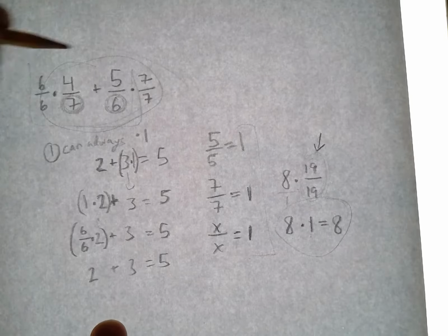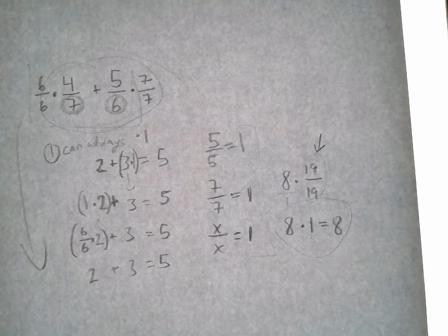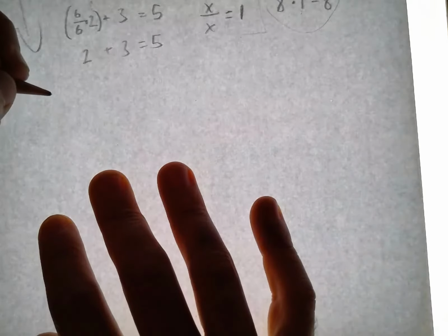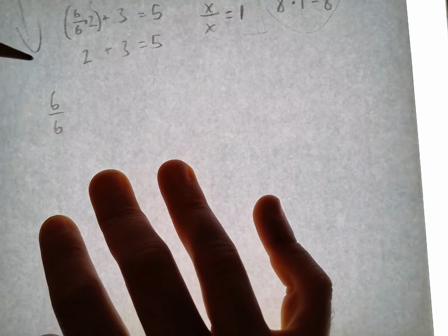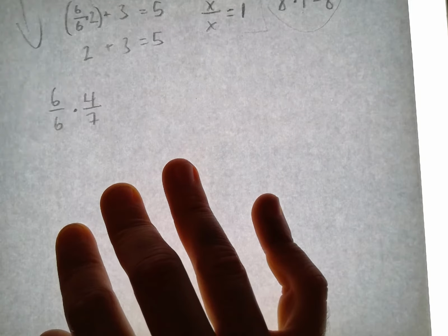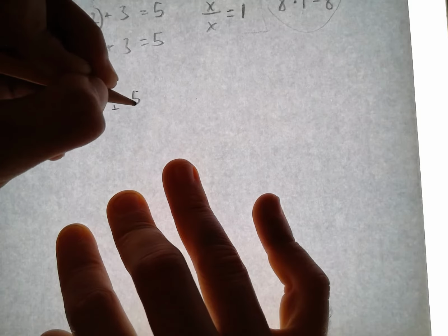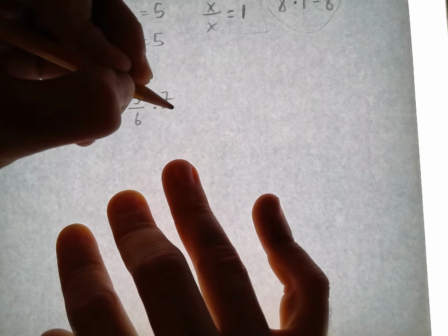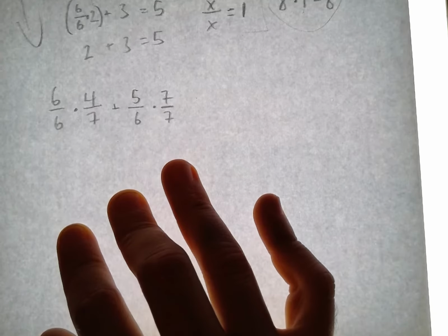I'm going to rewrite this down here because I do not want to run out of space. So I now have 6 over 6, this version of 1, times 4 over 7, plus 5 over 6 times, I got it from this denominator, 7 over 7.